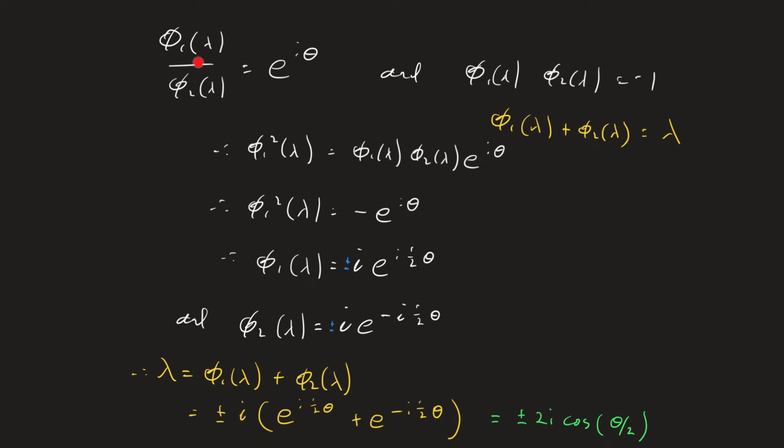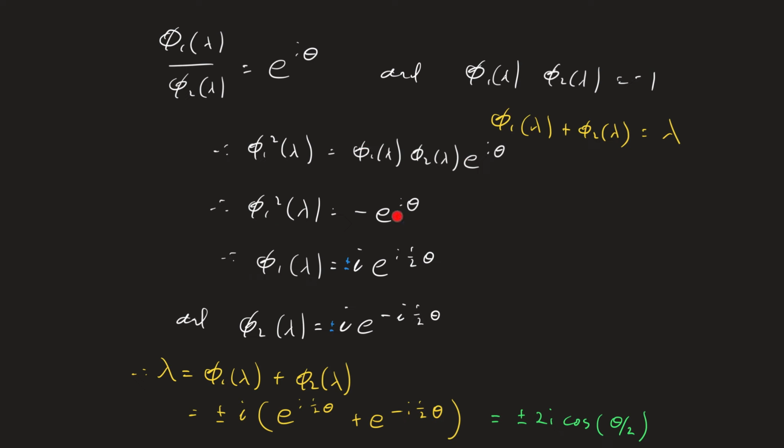To solve this equation here, first we make use of this identity. We multiply both sides of this equation by phi 1 phi 2. So we get phi 1 squared on the left-hand side and phi 1 phi 2 e to the I theta on the right-hand side. Phi 1 phi 2 is always equal to negative 1, so this becomes negative e to the I theta.